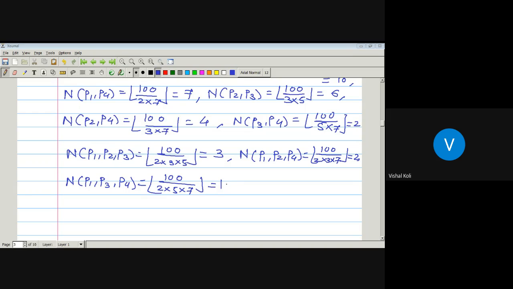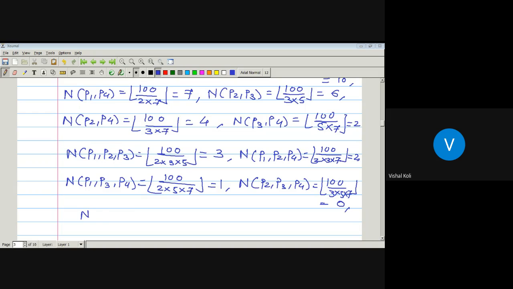So what is its value? I think 1. Okay, next one, n of p2 p3 p4 is equal to 100 divided by 3 into 5 into 7, which is 105. 100 divided by 105 is 0 point something, so the greatest integer value is 0.